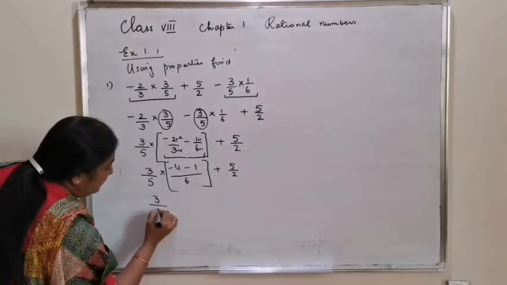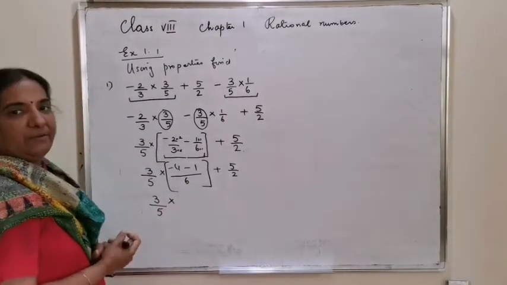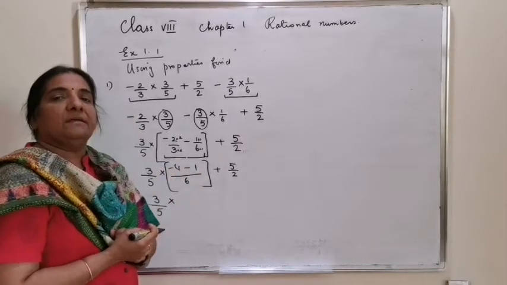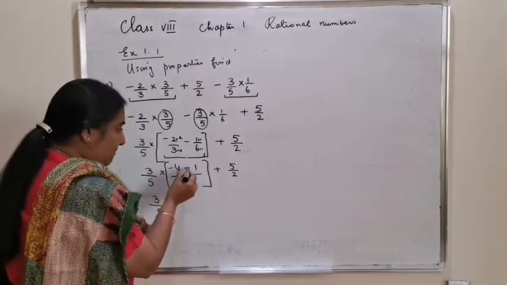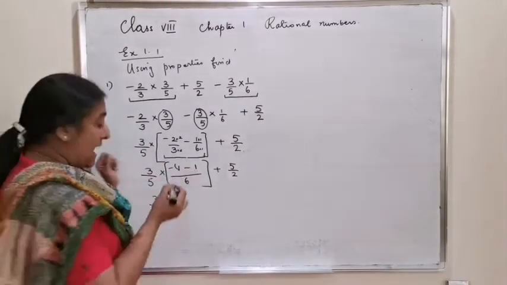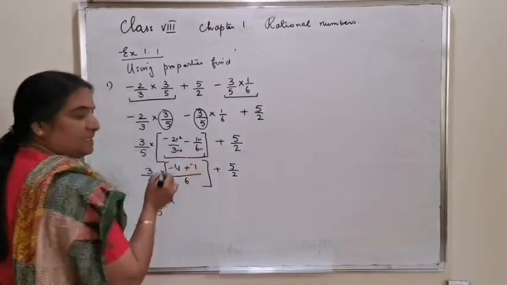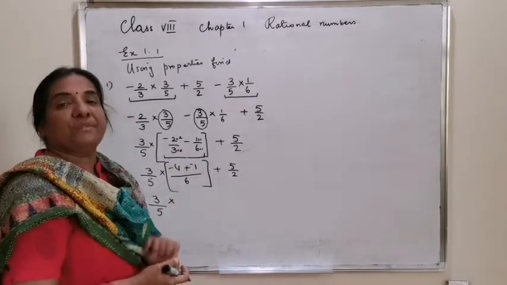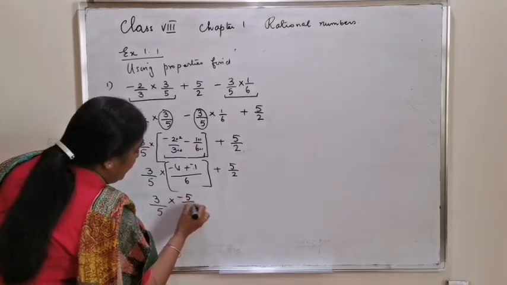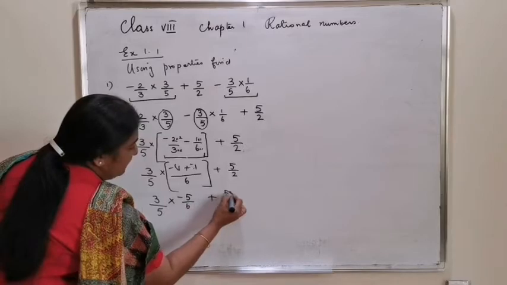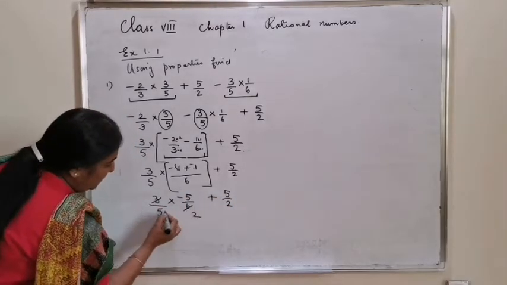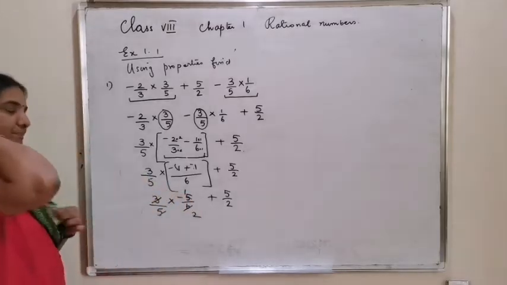3 by 5 into, now you can remove the bracket. What is addition of integers? Here minus 4 minus 1. That means minus 4 and minus 1 need to be added, or the subtraction is the inverse of addition. So what is minus 4 plus minus 1? Minus 5 by 6 plus 5 by 2. You can simplify as 3 and 2, 5 and minus 1.